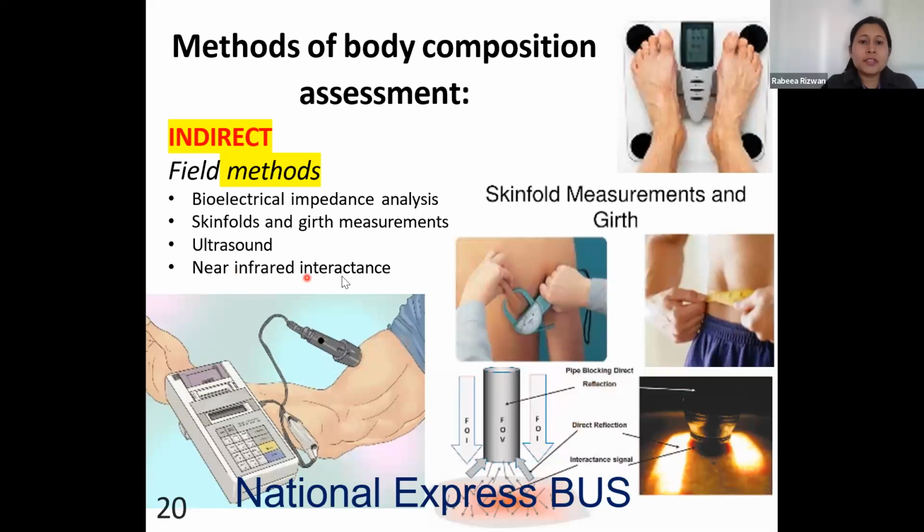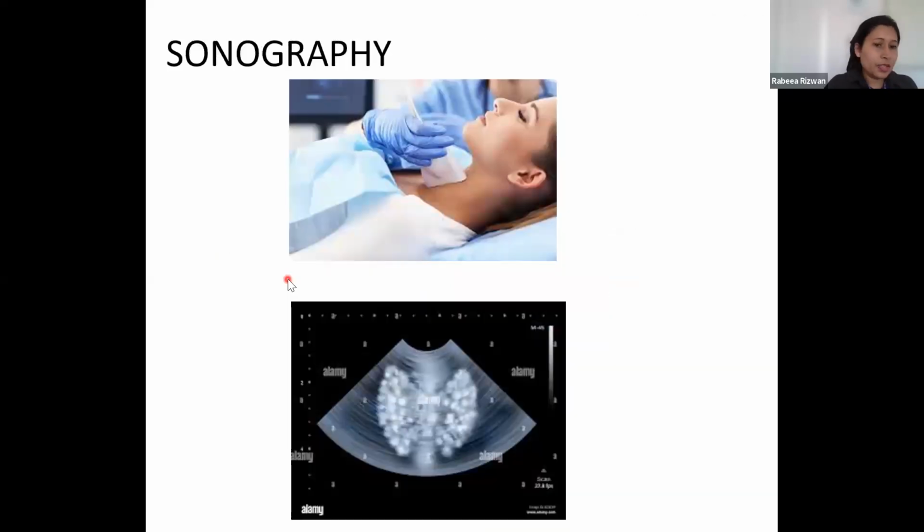Another is near infrared interactance. Here infrared radiations are used. These radiations penetrate inside the body and are used to evaluate body composition. According to the absorption and reflection of these infrared rays, the picture will come up on the computer. Ultrasound is very common, as I already showed you.